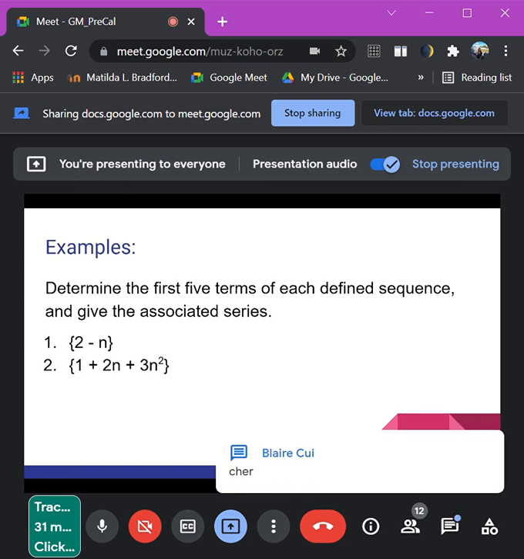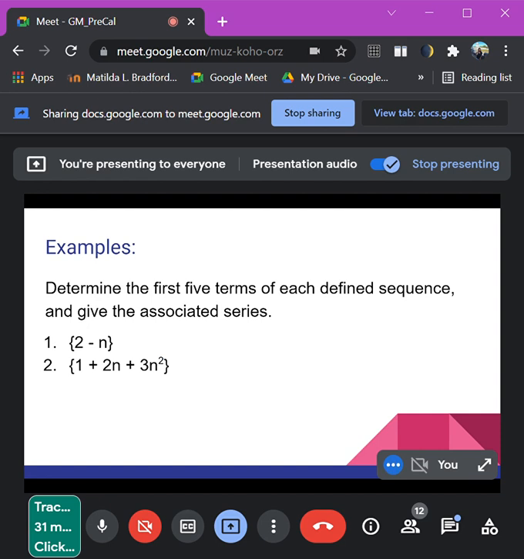You can't open the Jamboard? You only have a phone. Sige, just answer on paper and then send it on Messenger to someone else. And then the rest of you can answer as well on your paper. Okay?